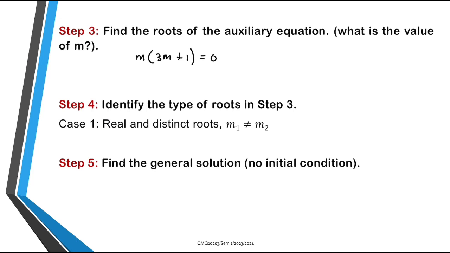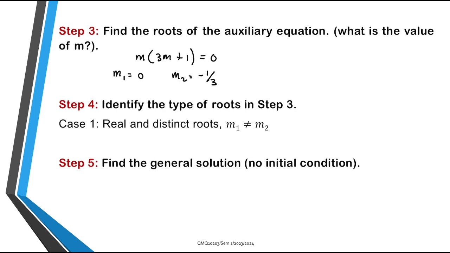So from this equation we can find m1 equal to 0, m2 equal to minus 1 over 3. So these are two values for m. This is case number 1, real and distinct roots.